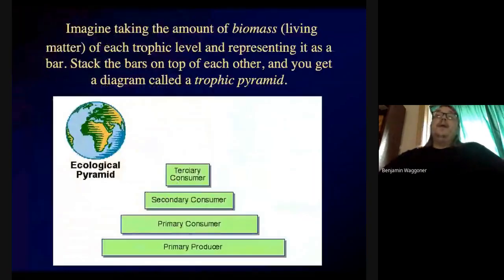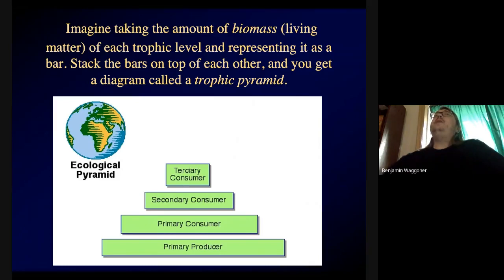Okay. Imagine you could take the amount of biomass at each level and represent it as a bar. You could then draw these trophic relationships as a set of bars stacked one on top of the other, and you end up with a diagram called a trophic pyramid.